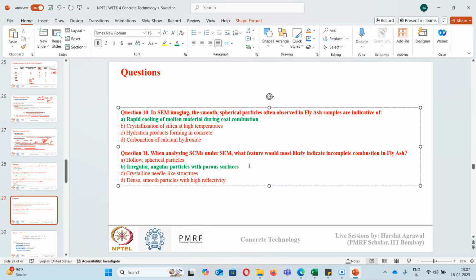If there is proper combustion, my fly ash will primarily look like smooth glassy spherical particles. However, if there is incomplete combustion, it will look irregular and angular in nature.